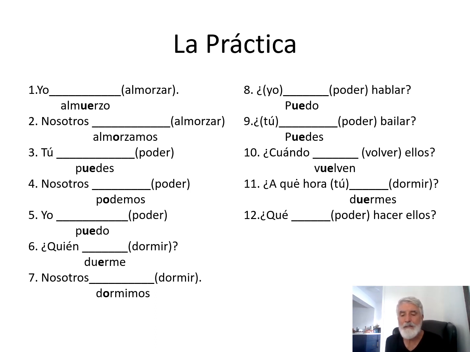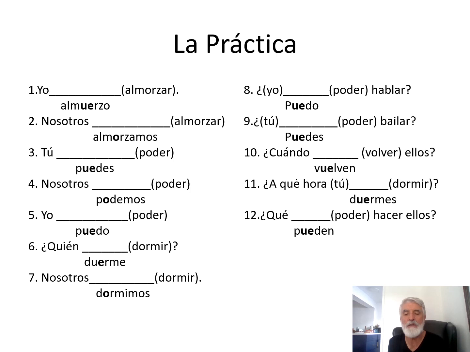Notice the second verb, hacer, is never conjugated. So what are we asking here? ¿Qué poder hacer ellos? What can they do? Hacer means to make or do. So will there be a stem change when we conjugate poder with ellos? Yes, there always is. So, ¿qué pueden hacer ellos?